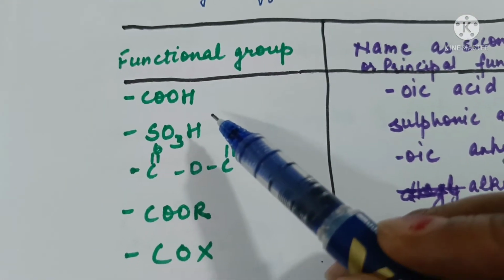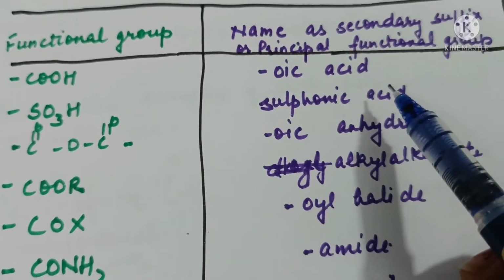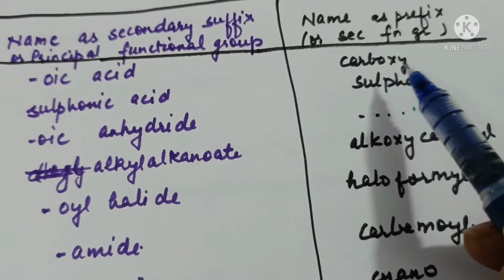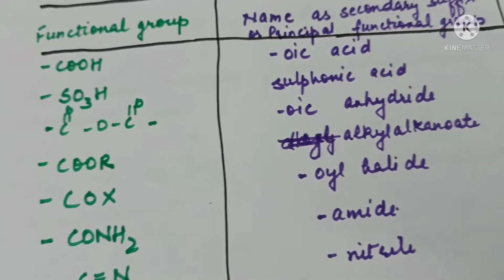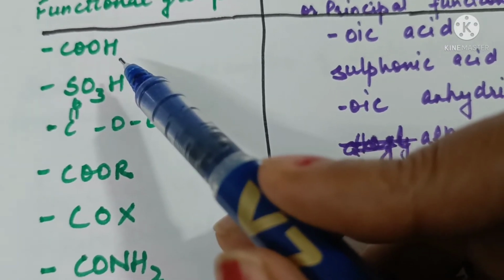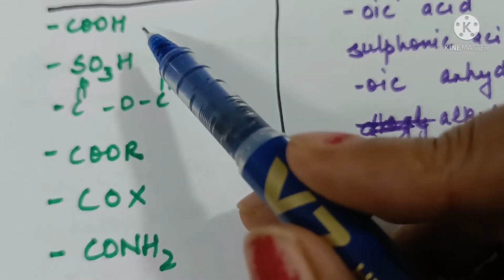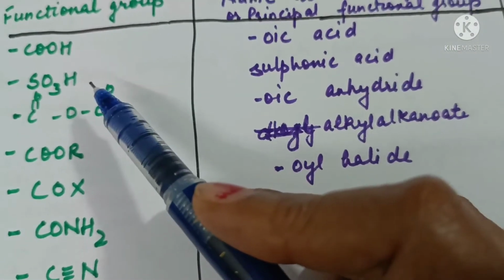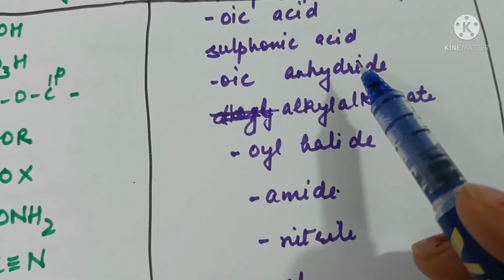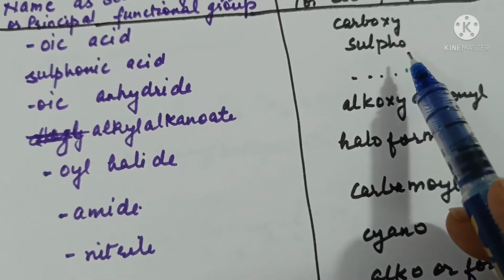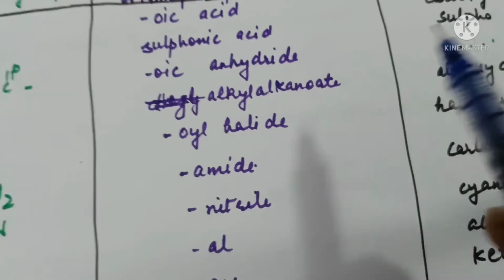For example, COOH will be called oic acid when it is the principal functional group, and the word carboxy will be used for it when it is being treated as a secondary functional group or prefix. Then sulfonic acid, SO3H, will be called sulfonic acid when it's acting as the principal functional group. Otherwise, the word sulfo will be added for it.